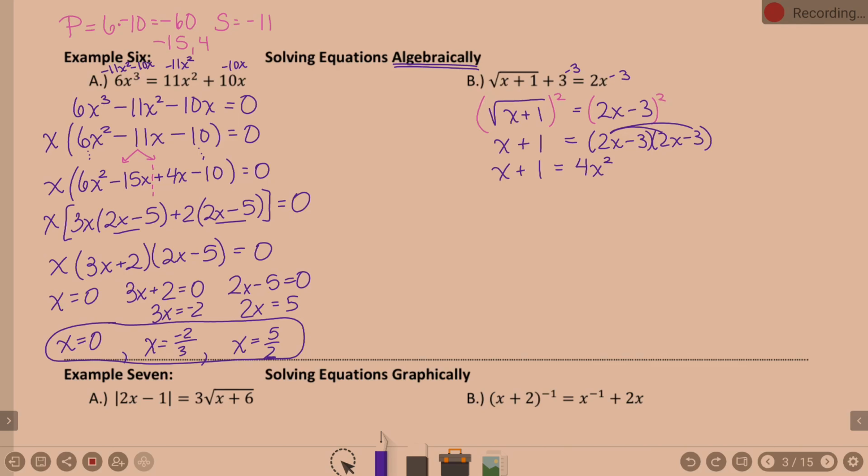Insides, minus 3 times 2x is another minus 6x. Minus 6x and minus 6x is minus 12x. And minus 3 times minus 3 is plus 9. Okay. Now what?